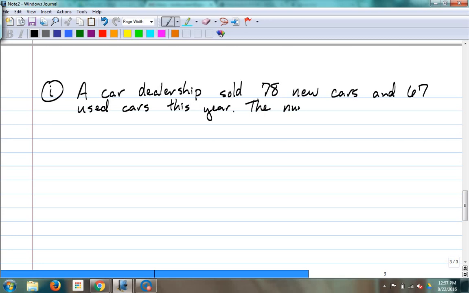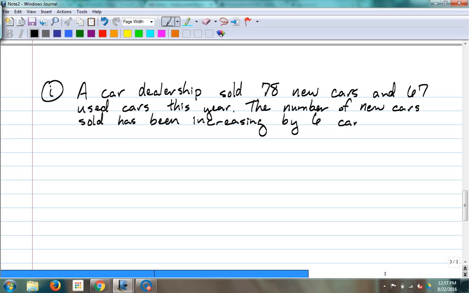The number of new cars sold has been increasing. What's increasing mean? Going up by 6 cars per year.